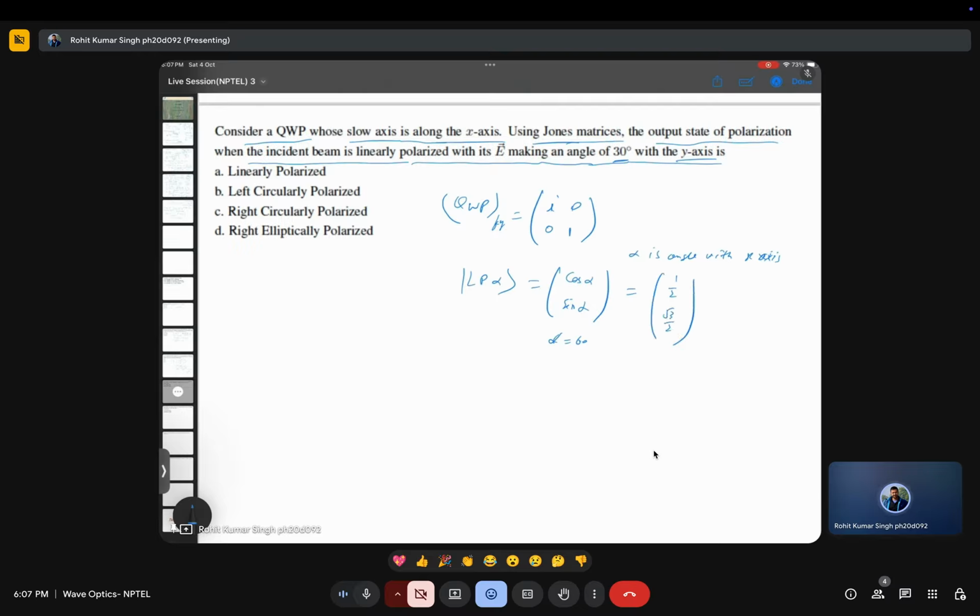So this is our linearly polarized light, and we have to find the output when this is applied to this. So we just do this matrix multiplication, and it is straightforward. So you will get 1 by 2, i root 3 by 2.